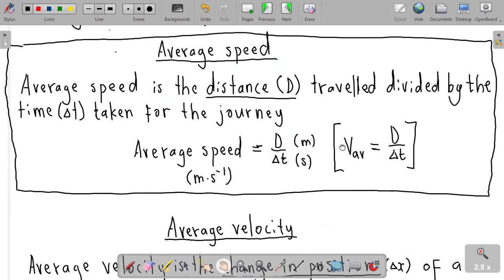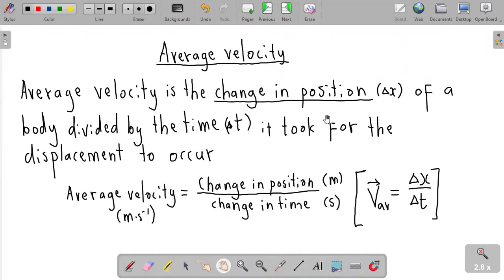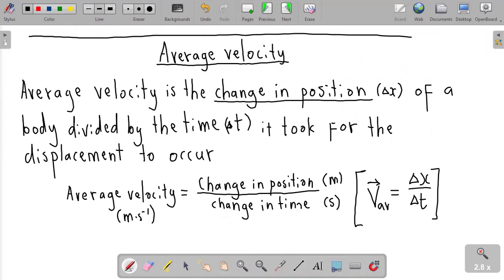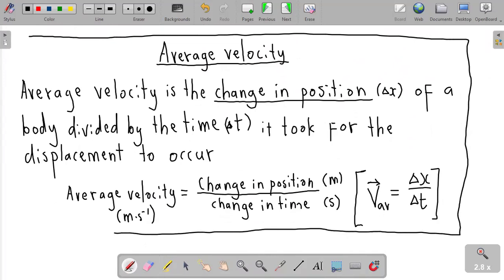So very important to know the difference. So this is average velocity, the definition and the formula.